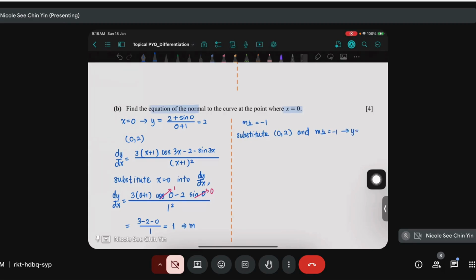Sub into y equals mx plus c. So you get 2 equals negative 1 times 0 plus c. c equals 2. Therefore, my equation of the normal is y equals negative x plus 2. That's it.